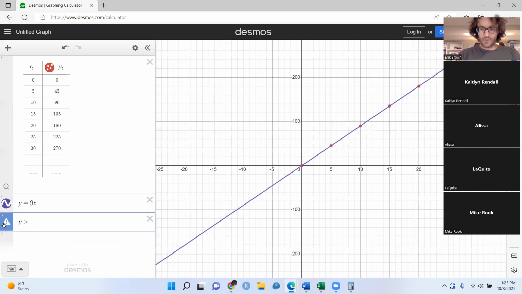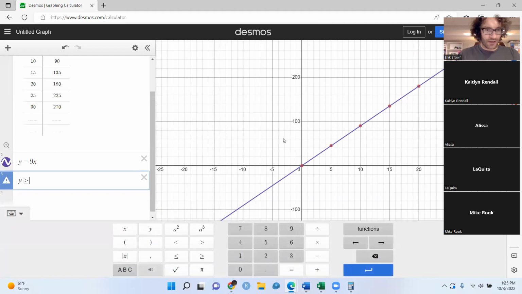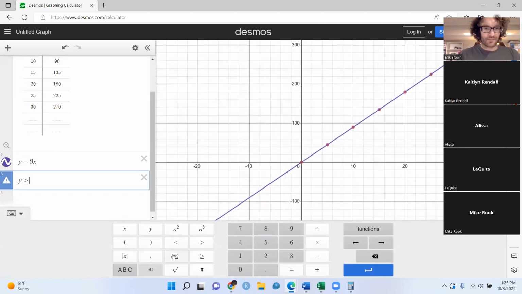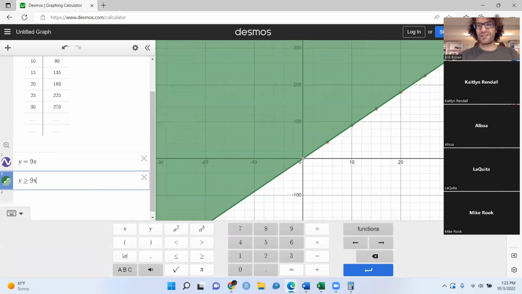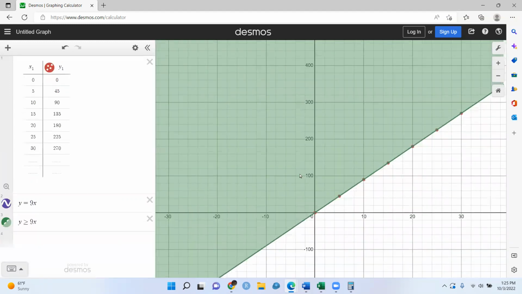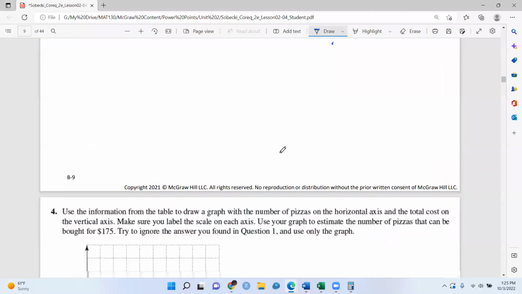I did this thing on your keyboard. You can access it right here if you want to type this, and then if you put in 9x, you get this picture here of the inequality, which I don't think is super useful for us. I don't know that this is worth really looking at. But that's what our author had to solve.